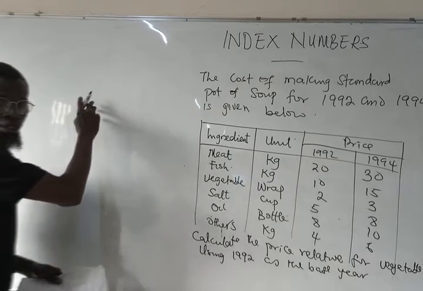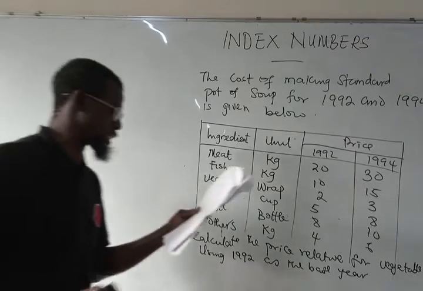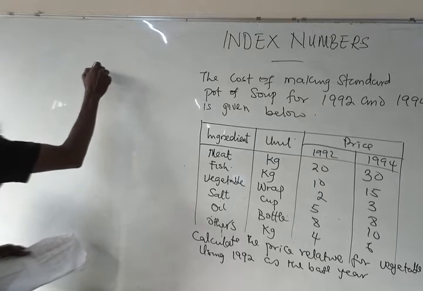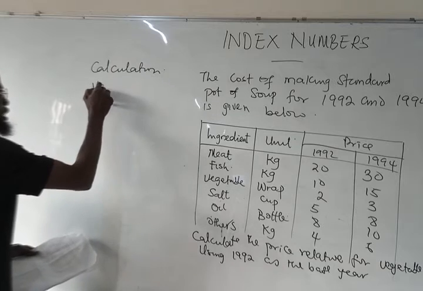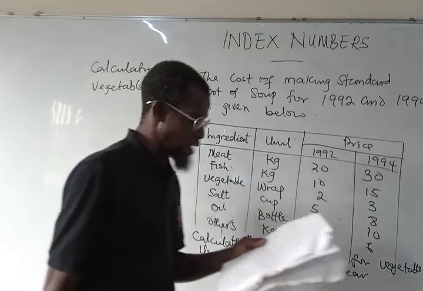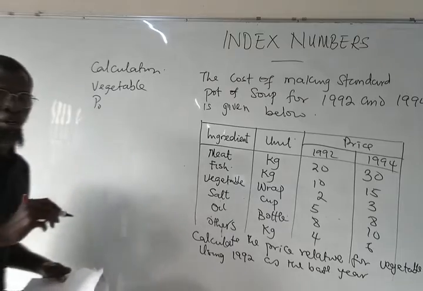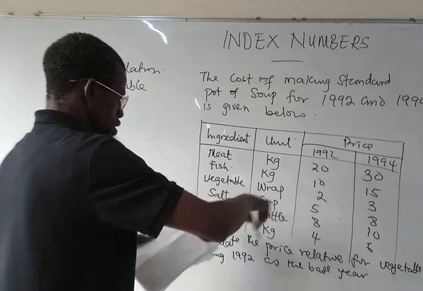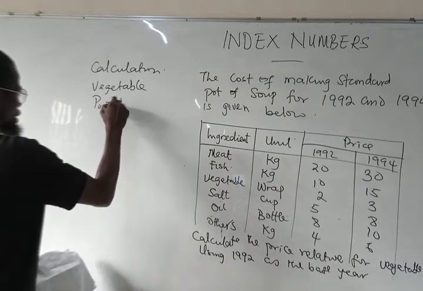So if you look at it here, let's quickly work this. The first question is to calculate that of vegetable. So for the vegetable, we have our P0, which is the base year price, equals 2 naira.